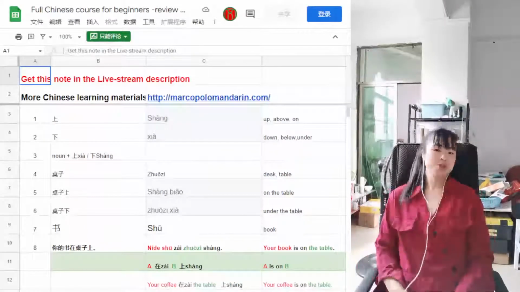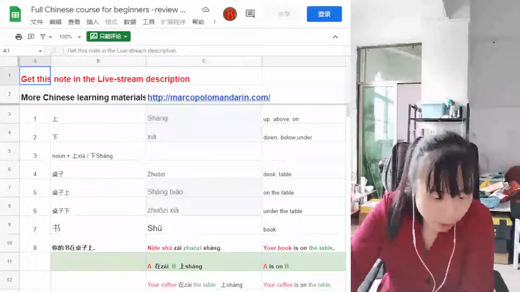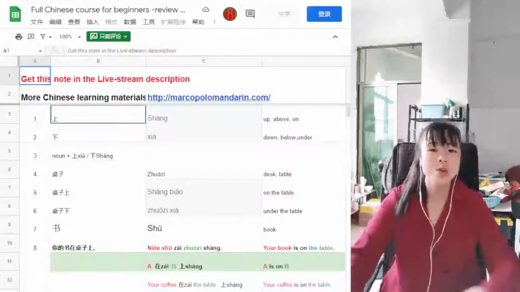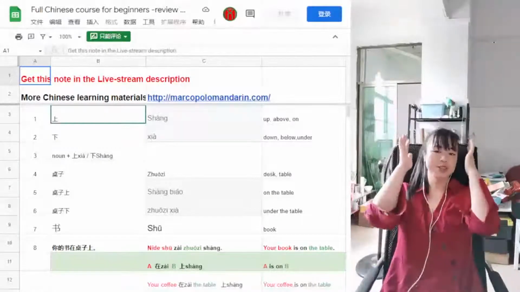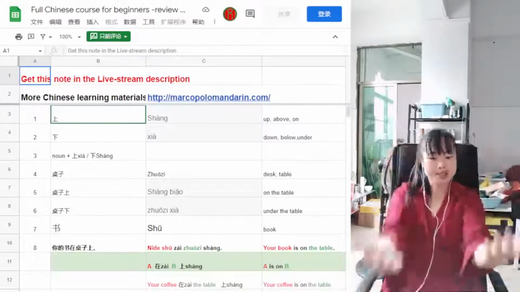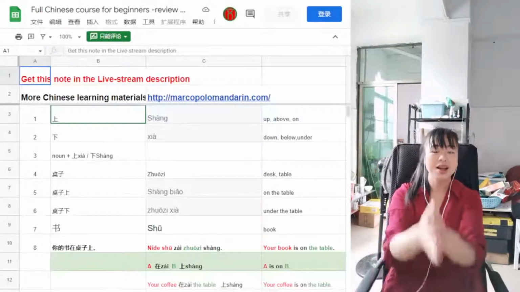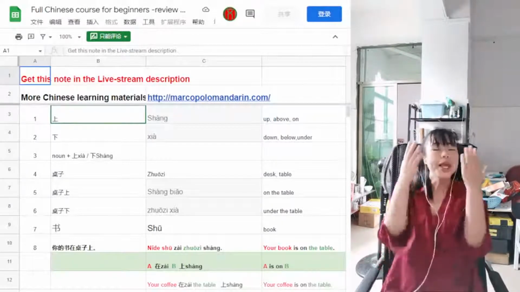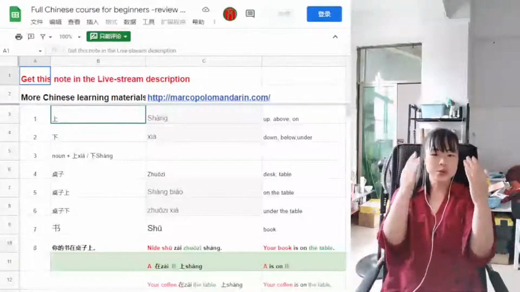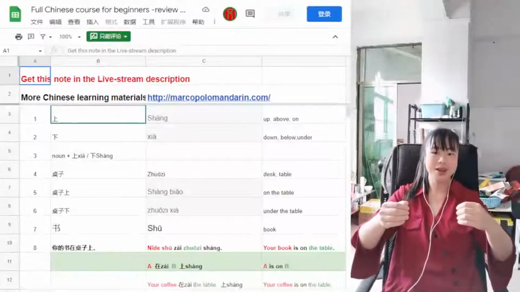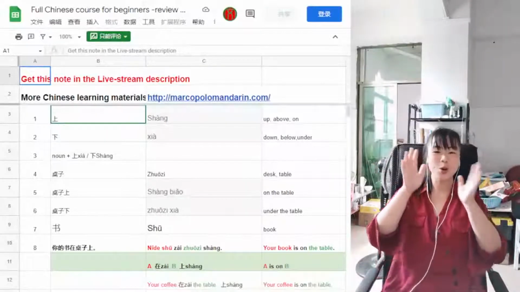Okay, so just now we mentioned when we first learn Chinese language, we are most likely to learn only 上 and 下. But in real life, we may use 上边 or 下边 more than only 上 or 下.